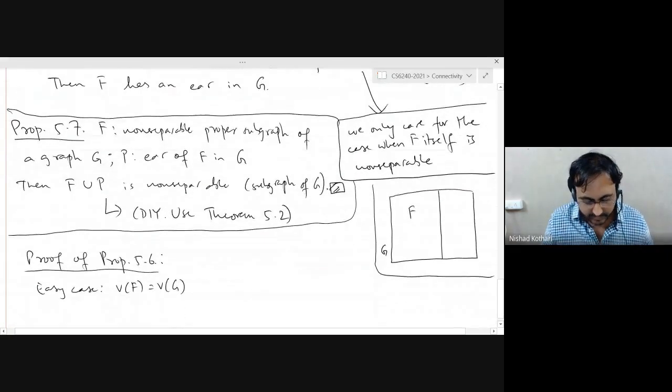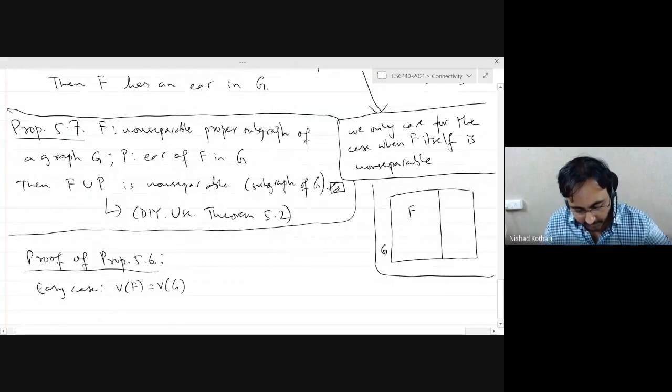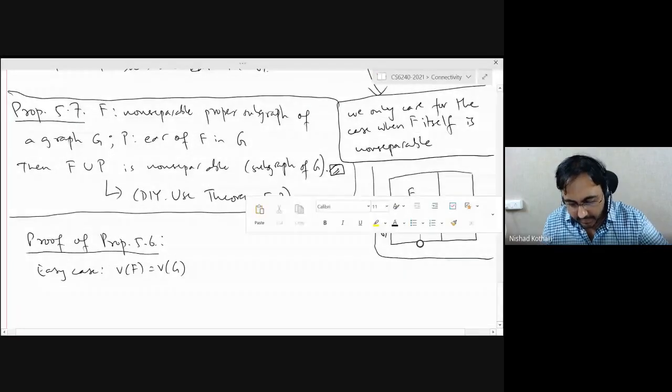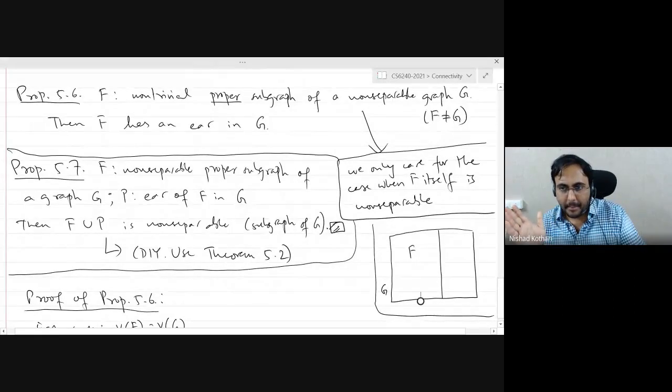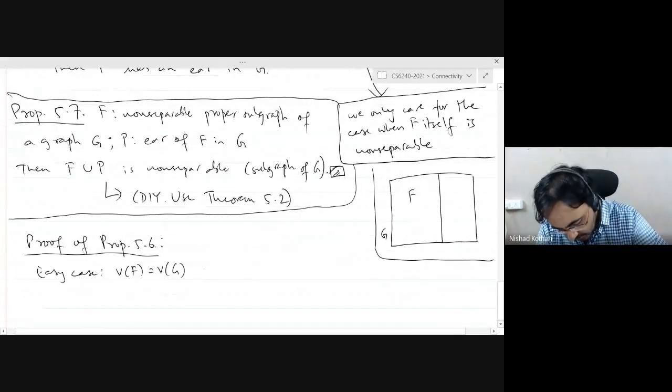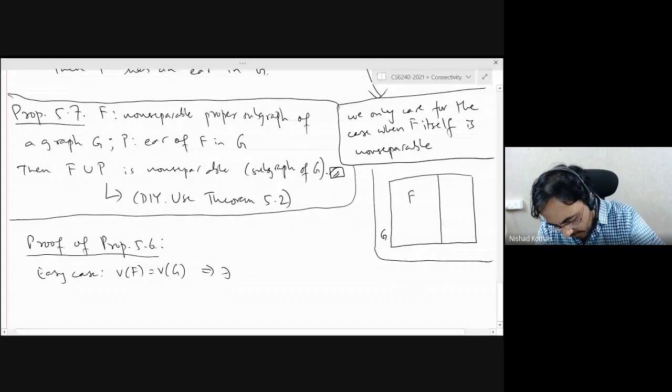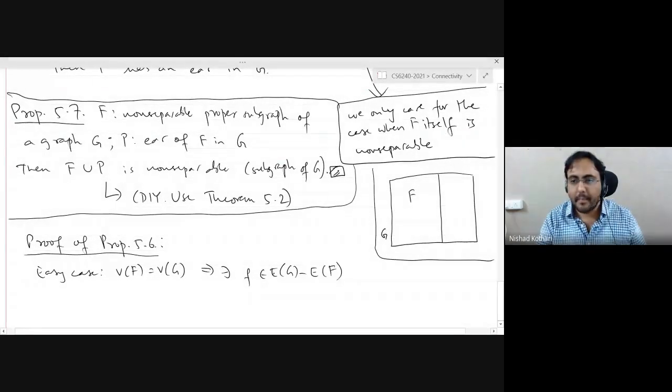Okay, so if the vertex set of F is equal to the vertex set of G, then there has to be an edge in G which is not in F, because F is a proper subgraph of G. So then there exists an edge e which is in G but not in the subgraph F. Okay, so what does your drawing look like?